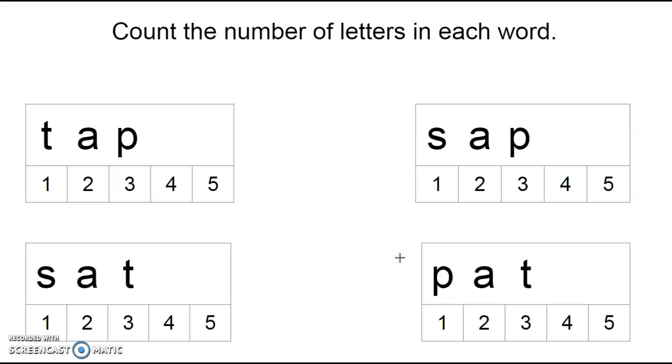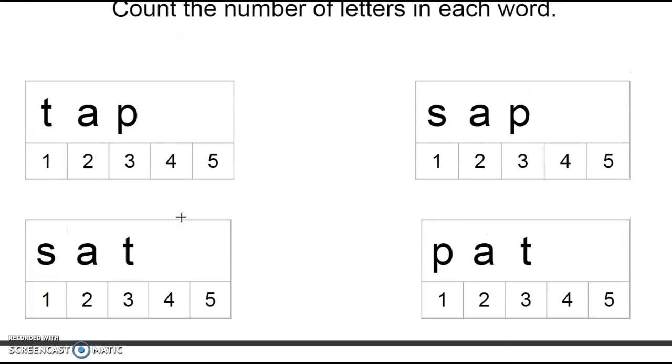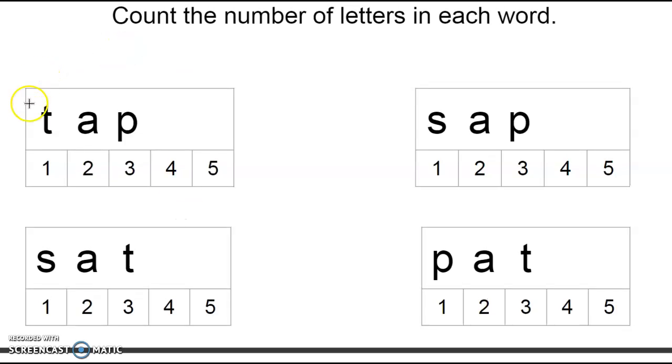We are going to count the number of letters in each word. Our first word at the top left is tap. Tap is spelled T-A-P. Let's go ahead and count those letters. 1, 2, 3. Tap has 3 letters inside it.